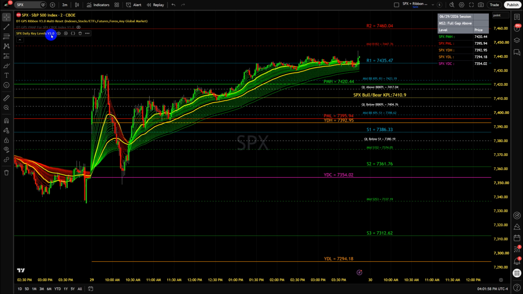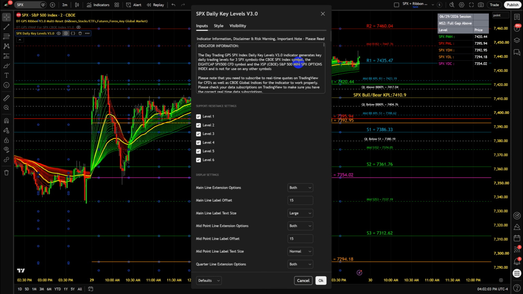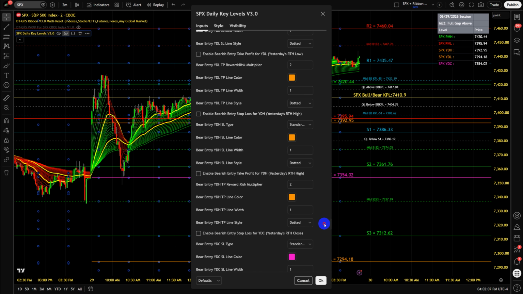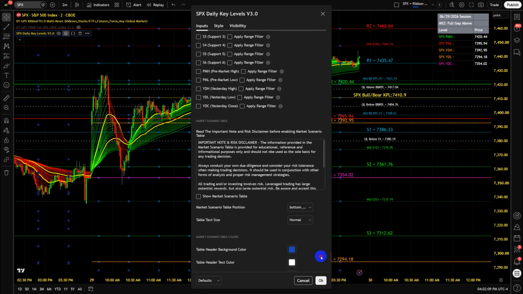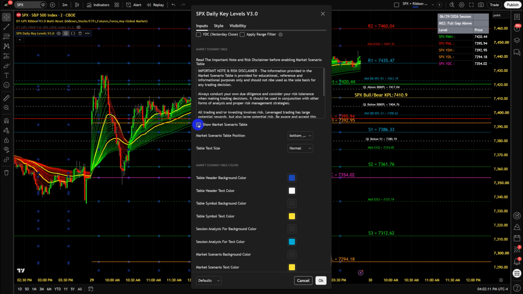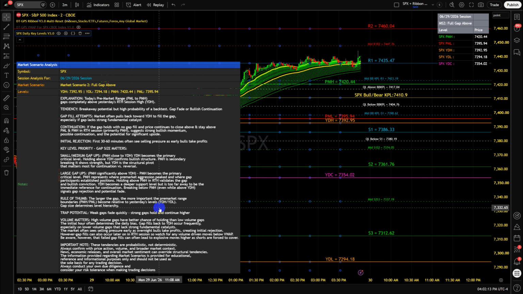If you go into the user control panel for the Daily Key Levels V3.0 indicator, you go down to the bottom, you have a market scenario analysis table. You can turn it on. This table will give you an explanation of today's market scenario. There are 6 different market scenarios that SPX can be in on any given day.